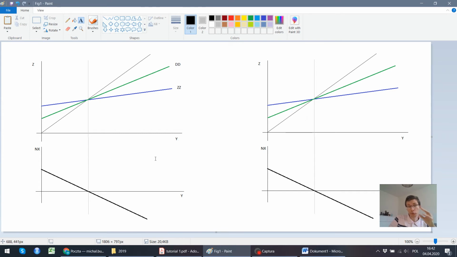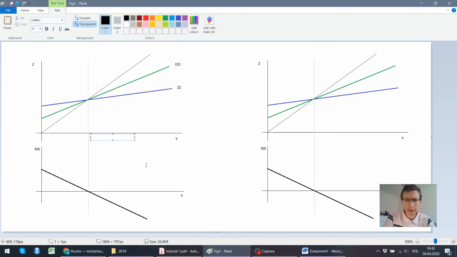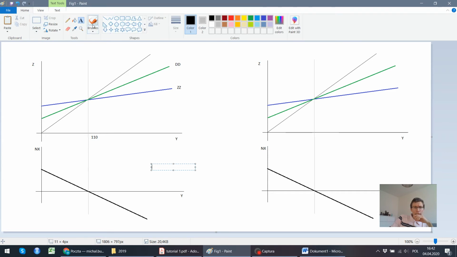The higher the output, the more negative the trade balance. And apparently, the initial equilibrium of the economy, which was at y equal to 110, was also the situation in which trade was balanced. Okay, so here we have the equilibrium point and the equilibrium output, in which we also observe zero net exports.